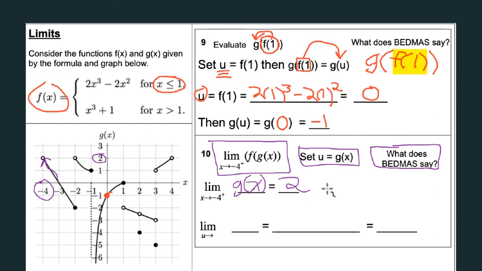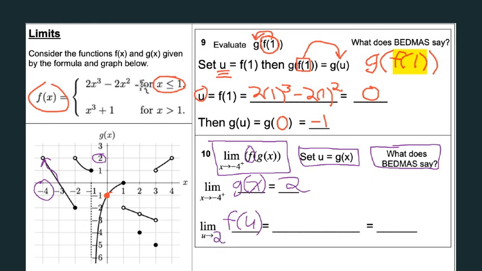So now we're going to be approaching a limit of 2. So now u is approaching 2. And what do we have to do that for now? f of u. Okay, g of x first, then it becomes f of u. So as u now approaches 2.